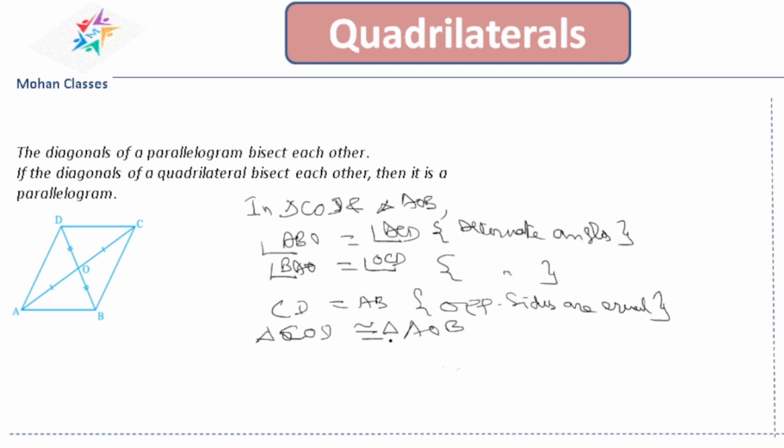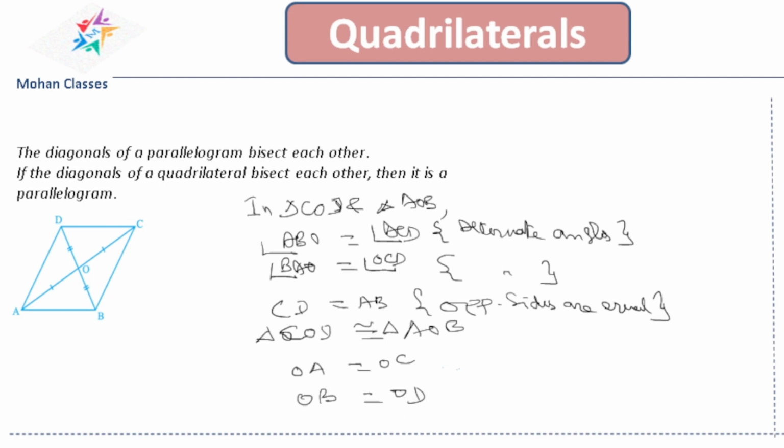If these two triangles are congruent, then we can say OA is equal to OC and OB is equal to OD. So that means AC and BD bisect each other.